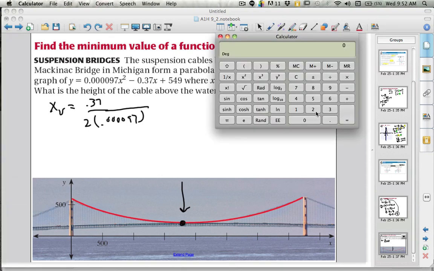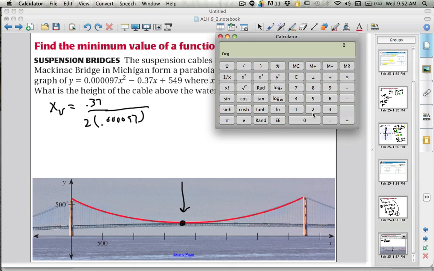So I'm going to take 2 times 0.12347 equals, and I want to invert that. So I'm going to make it a denominator, and I'm multiplying it times 0.37. Okay.